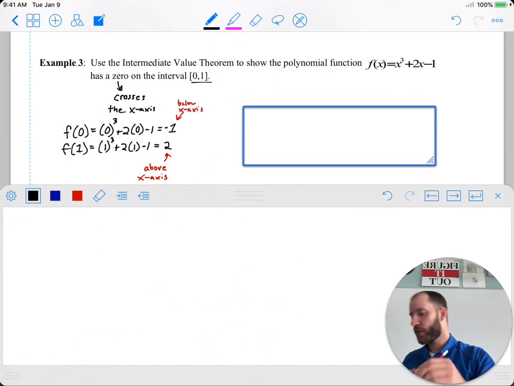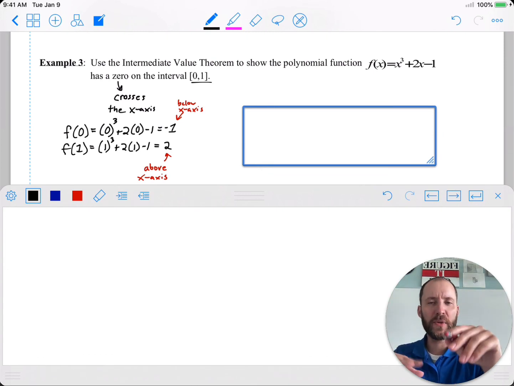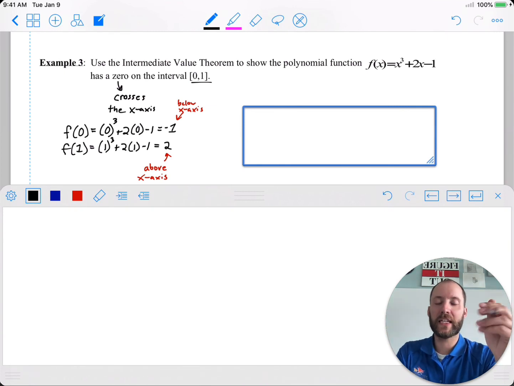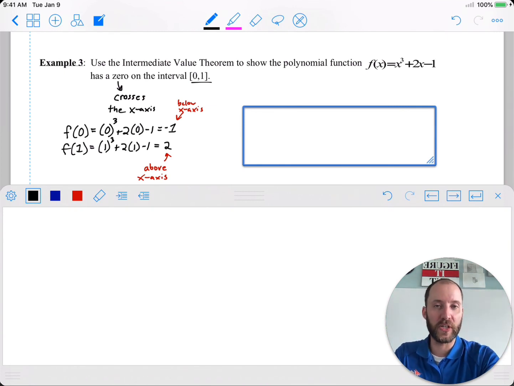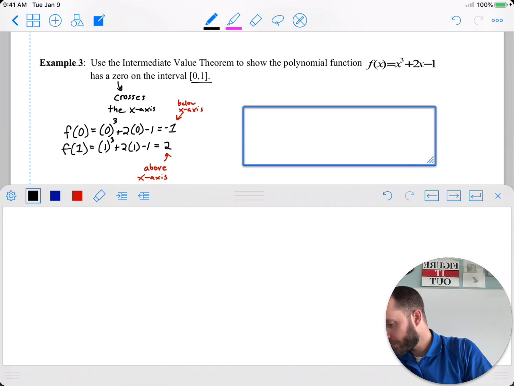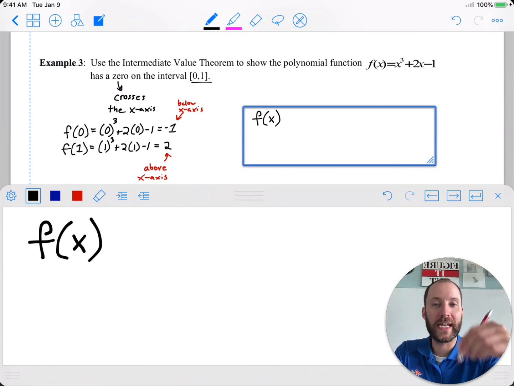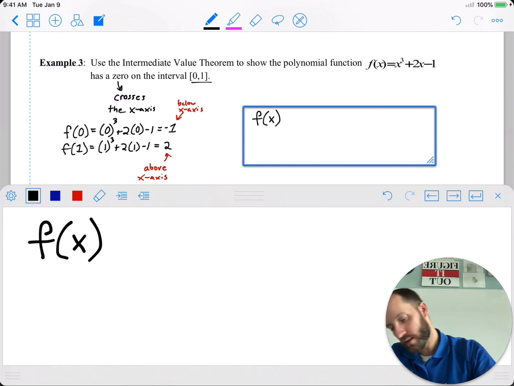So the language I'm going to use for this problem, make sure you write this down because the language I'm using is good language. I think it can really guarantee you points on the exam. This exam is all about guaranteeing how many points we can accumulate, okay?